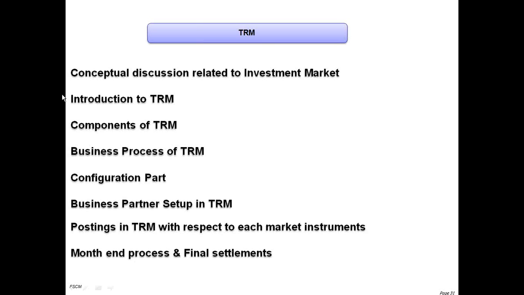What is that, how to do the final settlements, and finally how you can do the risk analysis. All these components we are discussing. So it is taking almost 60%, or I can say 50 to 55%, of the time needed to complete treasury and risk management.